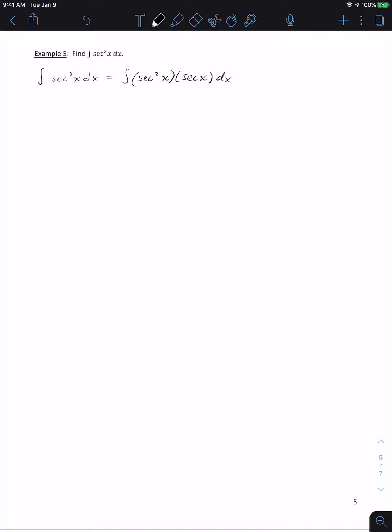Well, secant squared is the more complicated one, and we do know how to take the antiderivative of secant squared. The antiderivative of secant squared is just tangent, right? So dv should be secant squared x dx, which means u should be secant x.